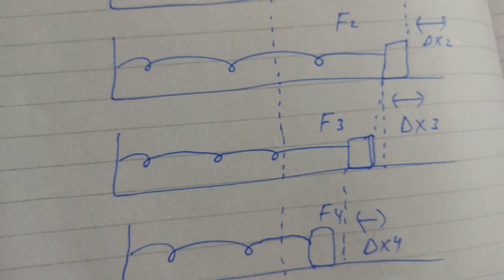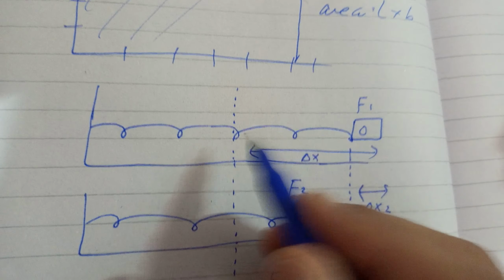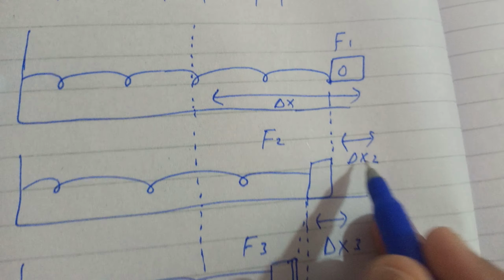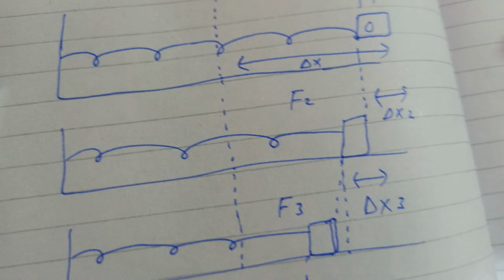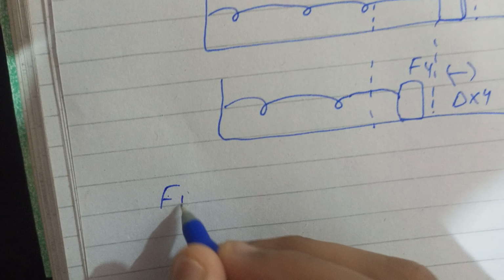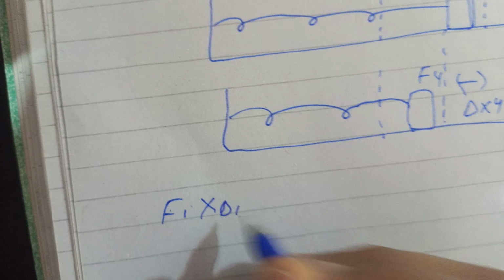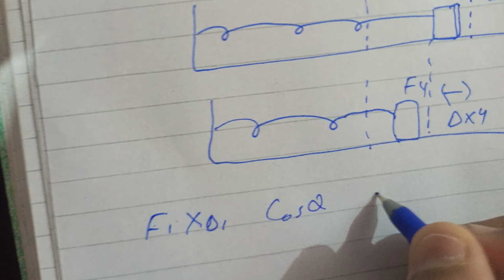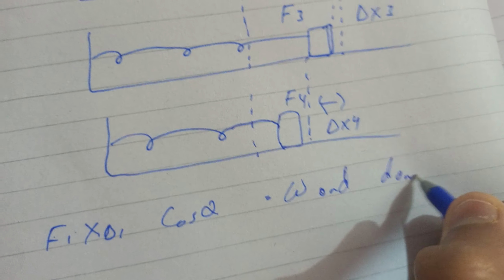What we are looking at is that the direction is on this side, the left side. It is covering distance as well, if we compare all the bodies, all the springs together. So we can say that the work done by f1 is f1 x delta x1 cos theta.